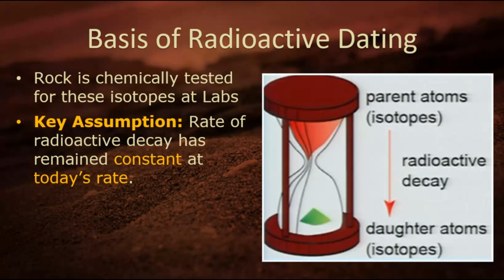The sand in the bottom of the glass represents the daughter elements. And you start to see some green in the picture. So the parent has already converted to daughter. So with carbon-14, some of the sand is already converted to nitrogen-14. So the falling sand is analogous to radioactive decay.